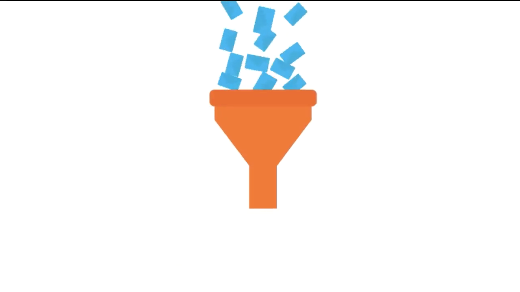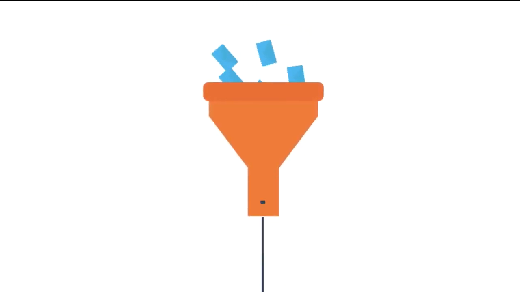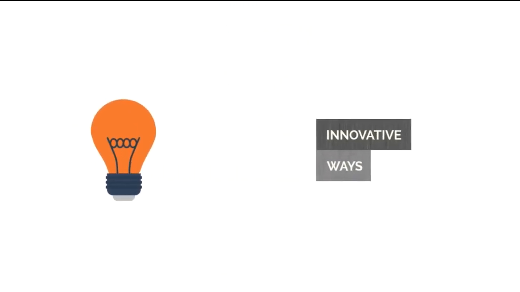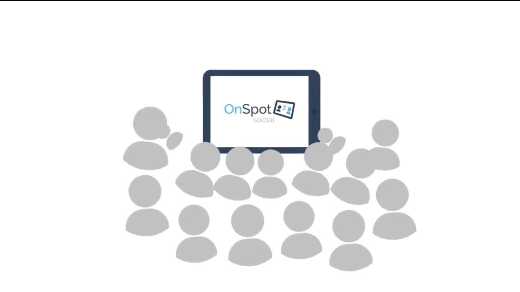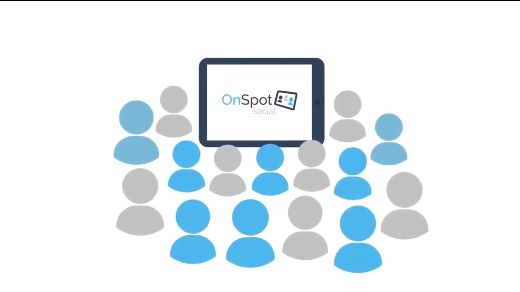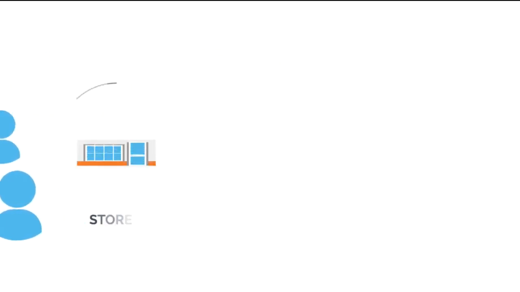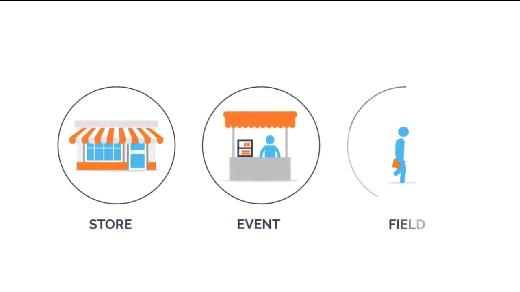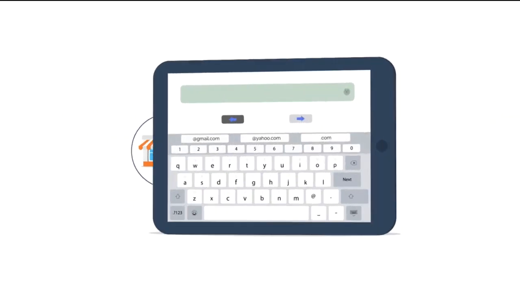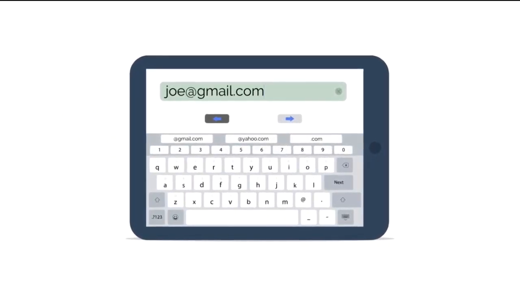Can your brand benefit from growing your email marketing list or capturing new leads? Are you looking for innovative ways to engage your customers? Onspot Social is an experiential marketing platform that allows your business to digitally engage customers while collecting contact information and critical data. Use it anywhere, in a store, at events, or in the field. With an easy-to-use interface, collecting information from your customers is faster than ever.